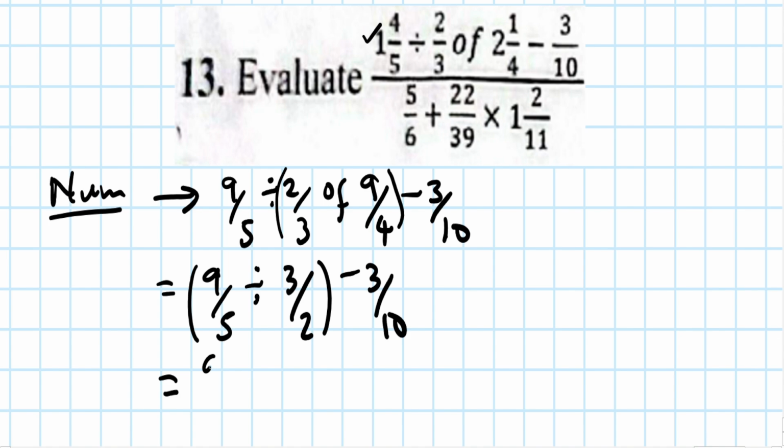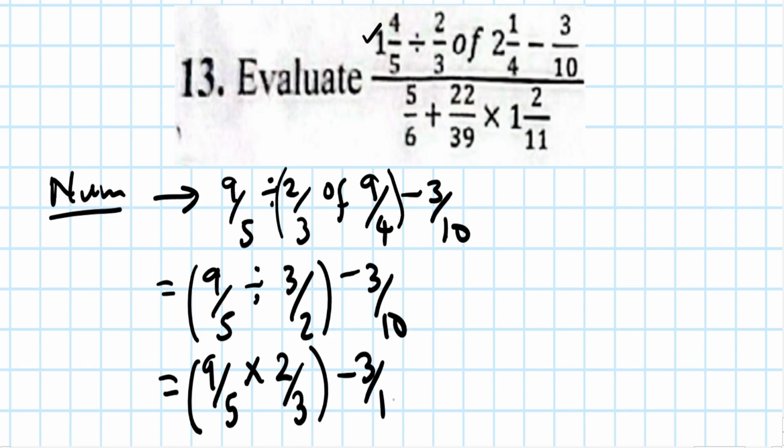So division becomes multiplication, so times the reciprocal of 3 over 2. And then 9 over 5 times 2 over 3 will give you 18 over 15, which if you simplify it, 18 over 15 is 6 over 5.